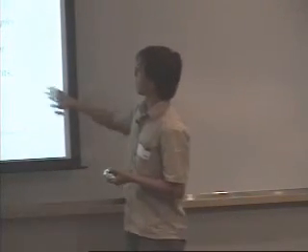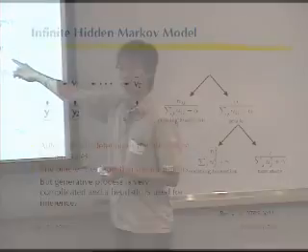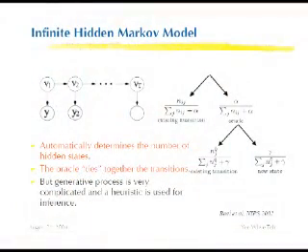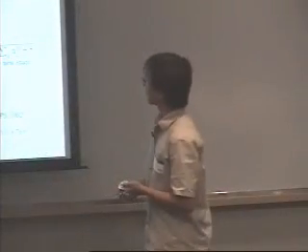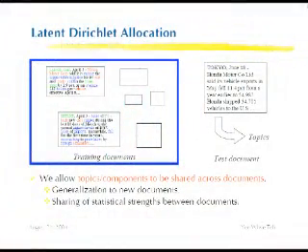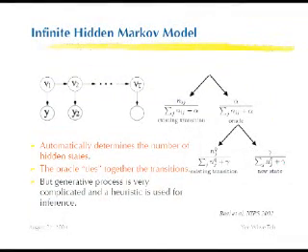It also allows generalization to new documents: if you're given a new test document, you can figure out which topics from your training documents appear in it. So there are two requirements here. One is you want to determine the number of topics efficiently. The other is you want to make sure that topics can be shared across documents.